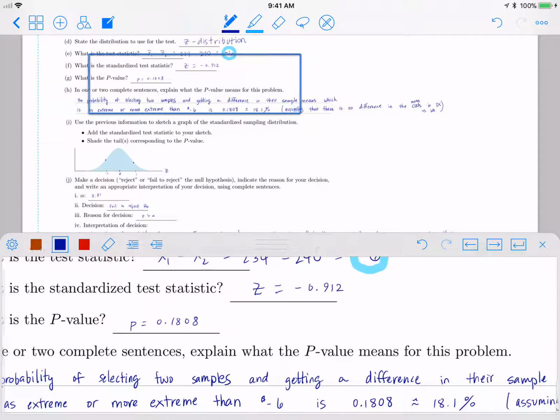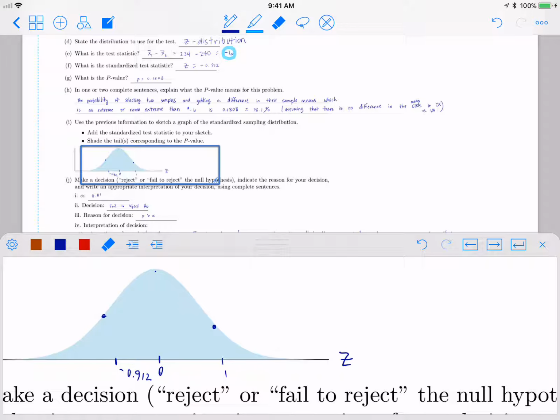Okay, and then let's see if I can clean this up a little bit more. I put in the inflection points just so I can know. But now my shading is going to come from, there we go.